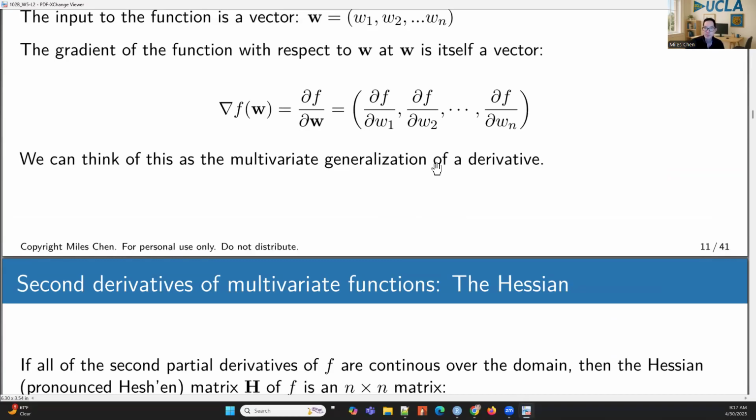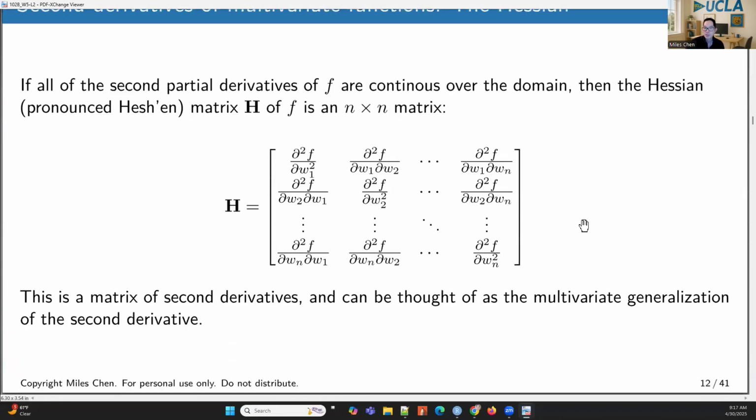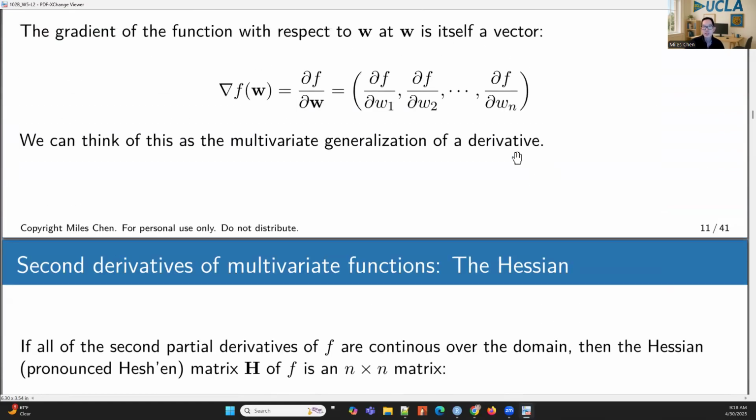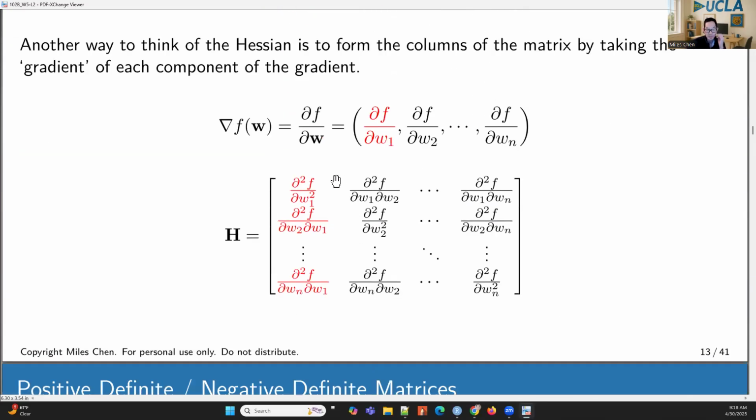And then we can think about, okay, what about the second derivative? Okay. So if all of the second partial derivatives of f are continuous, then we end up with the Hessian matrix, okay? And we are going to have an n by n matrix of partial derivatives. So basically, you can think of taking each component here and then taking the gradient, like, so here's the gradient, basically our first derivative. This is the partial of f with respect to w1.